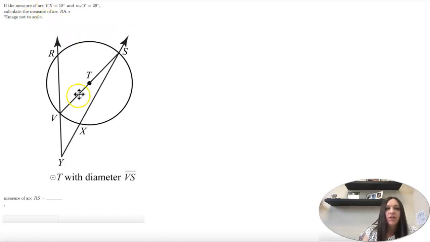If the measure of arc V to X is 18 degrees, and the measure of Y, so again the outer angle of these two lines, is 29 degrees, calculate the arc R to S. So again, we need to use the two arcs and the outer angle. So I'm going to write it again.